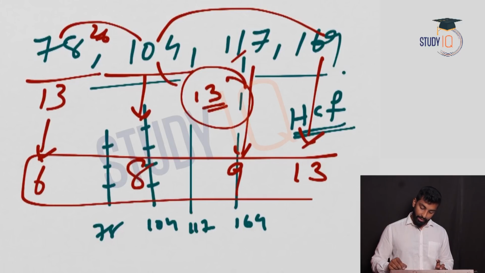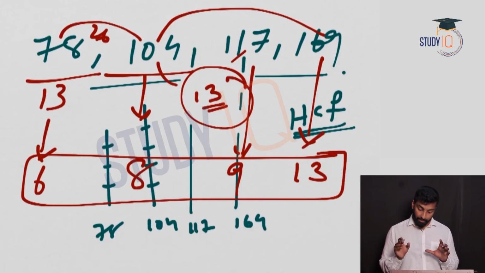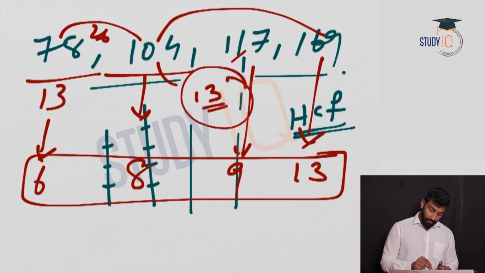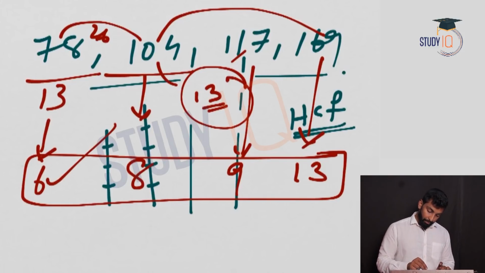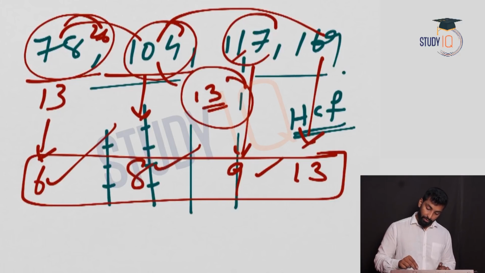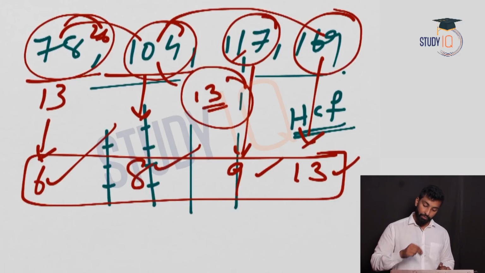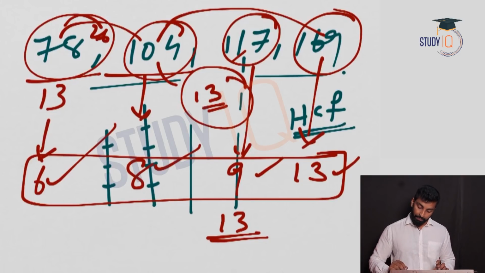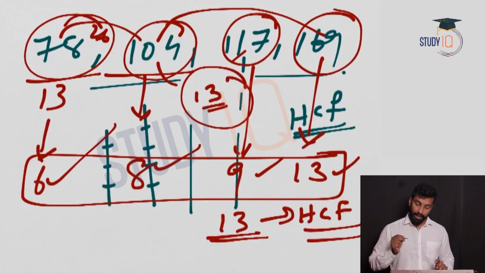And when you divide, these are the quotients. That means this many pieces are possible from the different rods, right? So 6 is possible from the 78, 8 is possible from 104, 9 is possible from 117, 13 is possible from 169, with a maximum length of 13. And what is this 13? This 13 is nothing but your HCF.